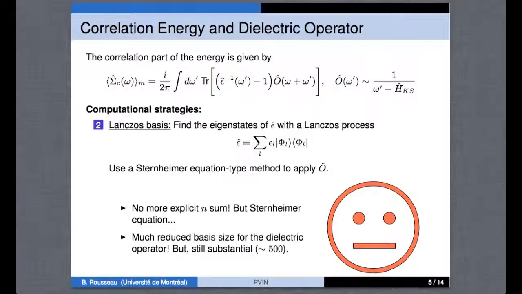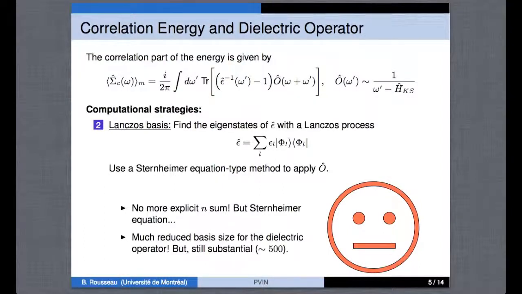So express the dielectric operator in terms of its eigenstates. It turns out that there's a very interesting piece of applied mathematics that was set up by Lagrange in the 60s, I guess, where one can extract approximate eigenvalues and eigenstates for an operator if one knows how to apply this operator on any states.